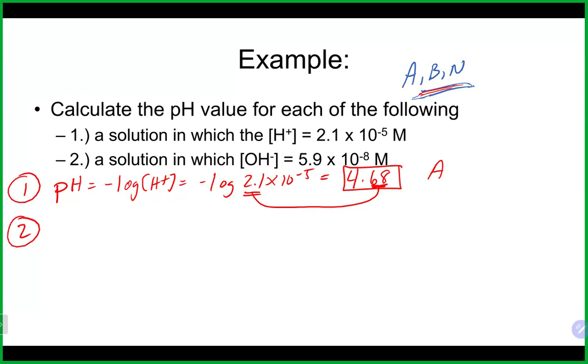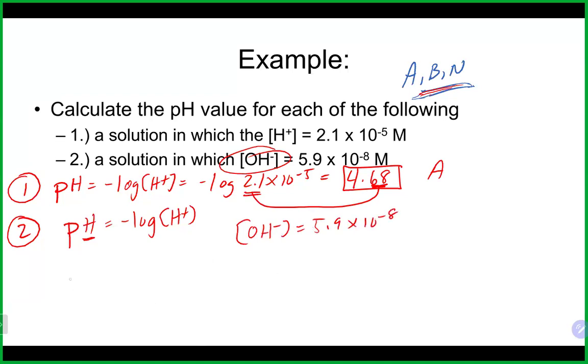All right, so number 2 here, the pH is equal to minus the log of the H plus. Remember, we need the H, and that is the OH. So perhaps we should calculate the H plus concentration using a little KW. So our H plus concentration would be 1 times 10 to the minus 14 divided by 5.9 times 10 to the minus 8.